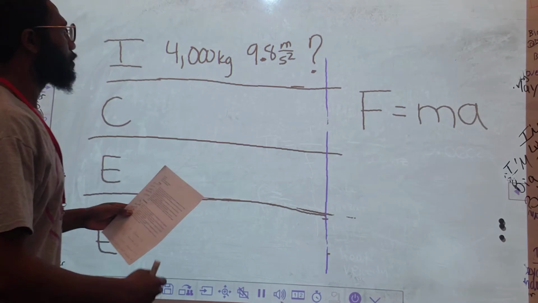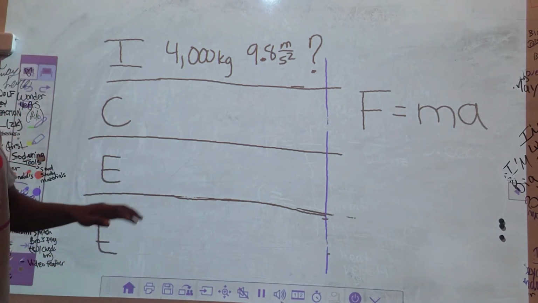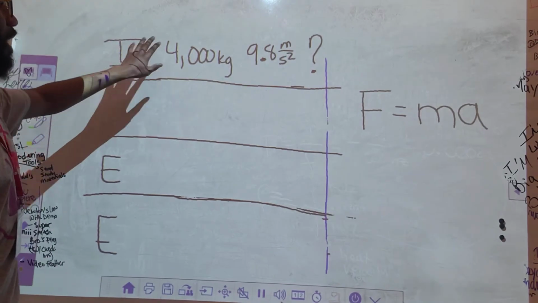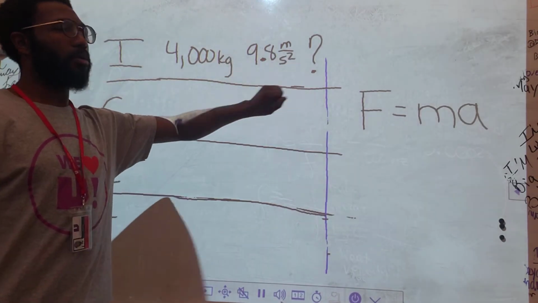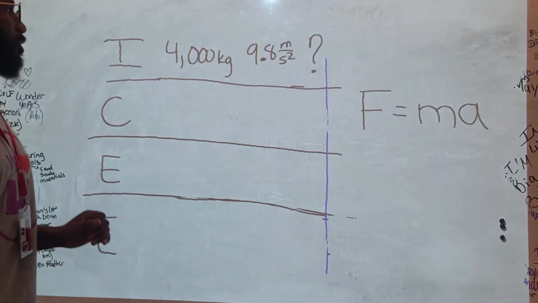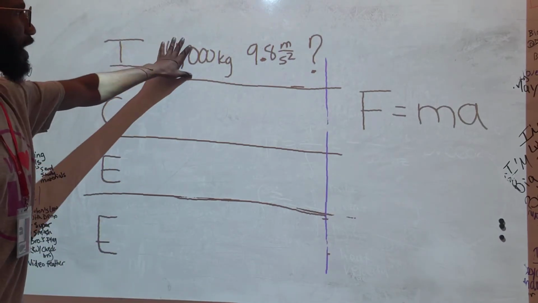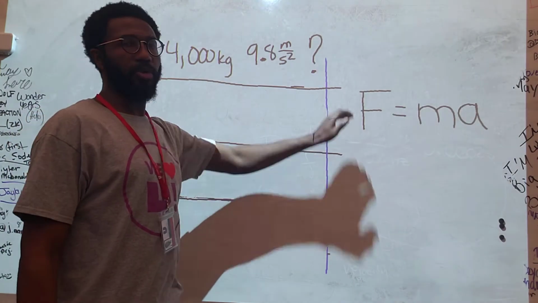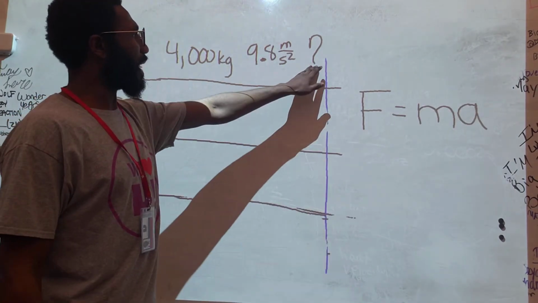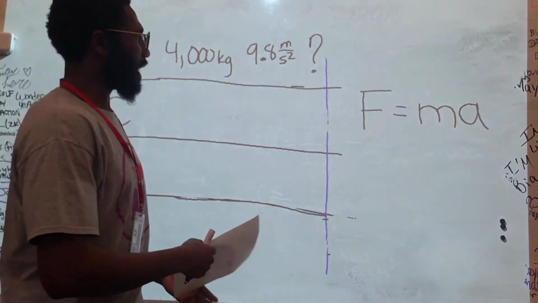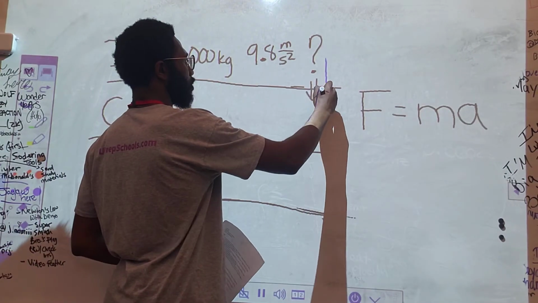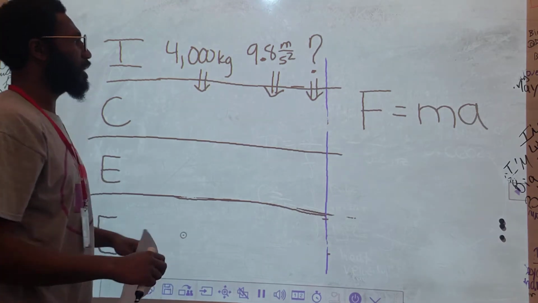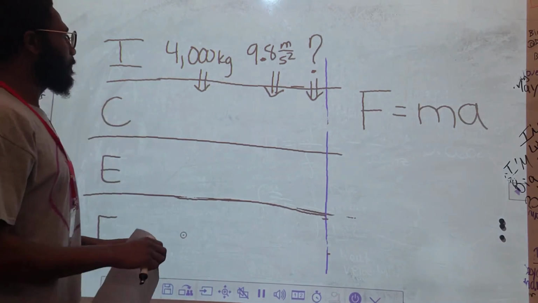With this problem, we walk through and write down every single number and measurement. We saw 4,000 kilograms and 9.8 meters per second squared, and we always want to write our question mark. If you do not write your question mark, then you won't know what you're looking for. So always remember to write your question mark while you're doing the ICE method, okay?